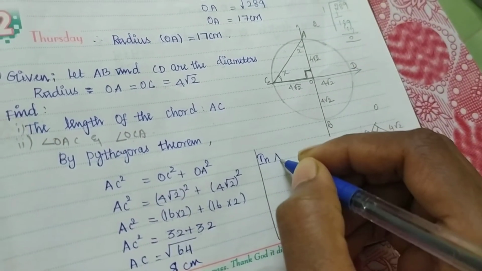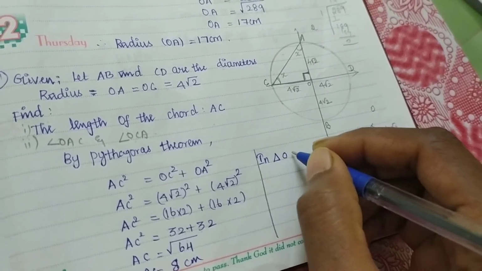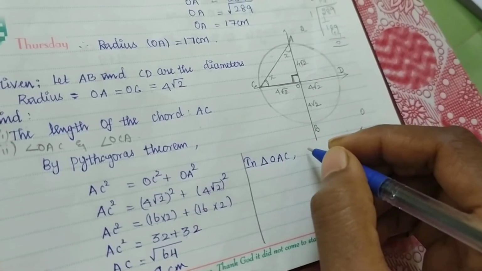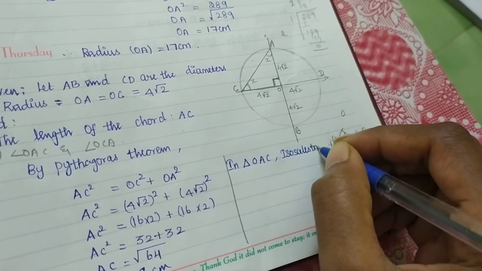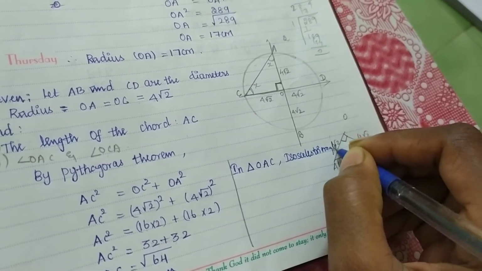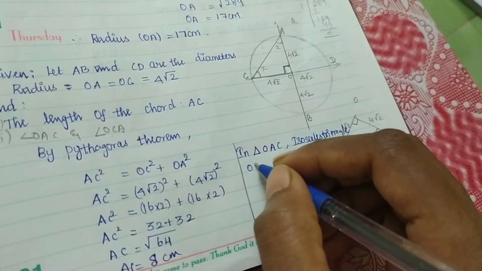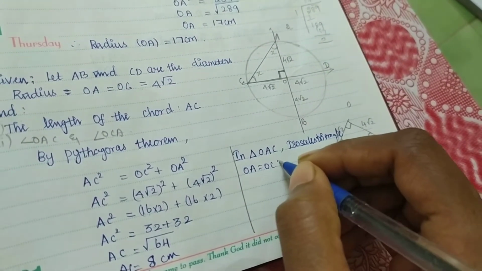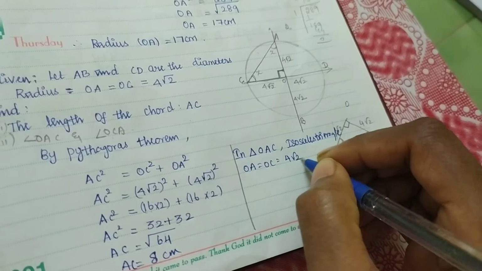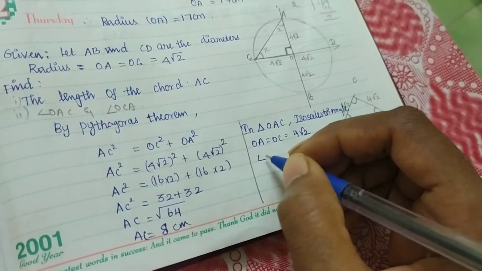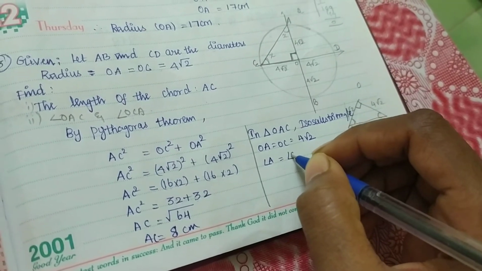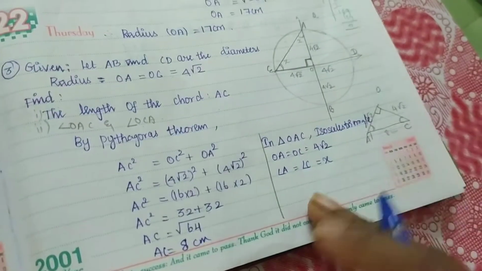In triangle OAC, this is the isosceles triangle. We already know OA equals OC equals 4 root 2. So I am taking angle A equal to angle C equal to x for my convenience.